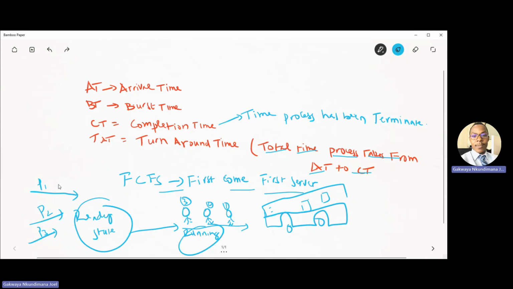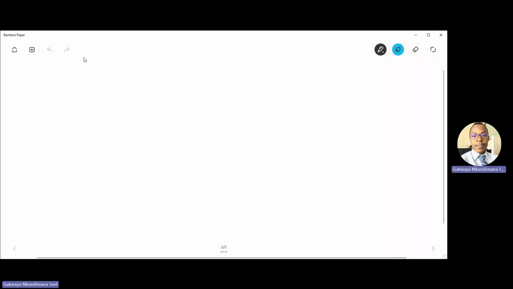This one came at 1 millisecond, and this at 3 milliseconds. The one which came first will go into the running state. Like that, they will take turns. So we are going to look at how we can calculate all these things. Next, let's say we have those three processes which I gave you. Take an example. Here we have the process ID.